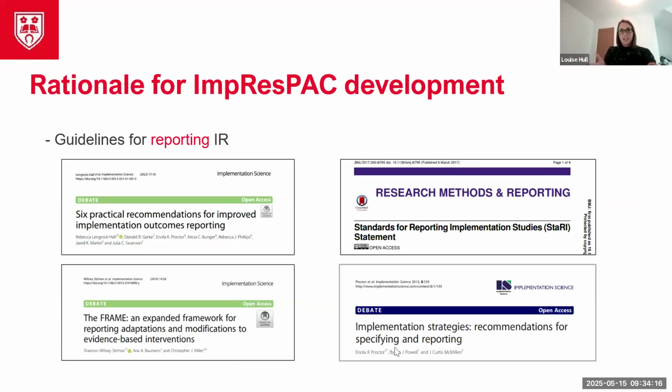What we've also seen in the literature is that there are a number of reporting guidelines for implementation studies. So probably the best well-known is the StaRI guidelines. But since that was published back in 2017, there's been numerous reporting guidelines developed for very specific elements of implementation research. So we have ones for implementation outcomes now, adaptations and modifications to evidence-based interventions, and also recommendations for specifying and reporting implementation strategies.